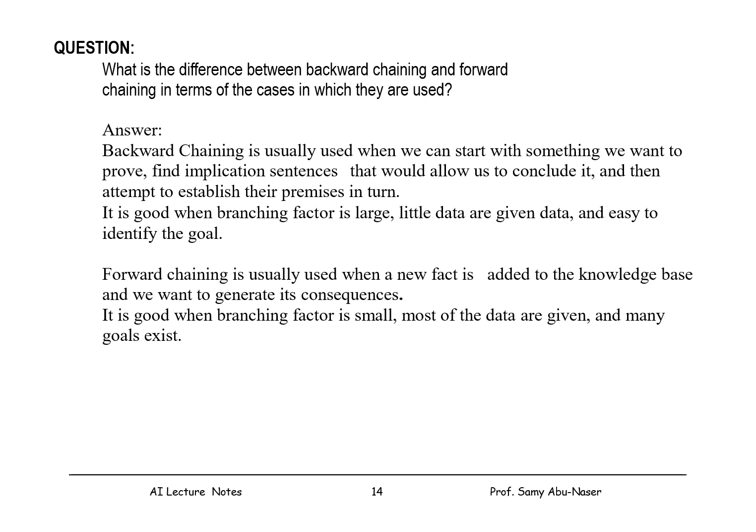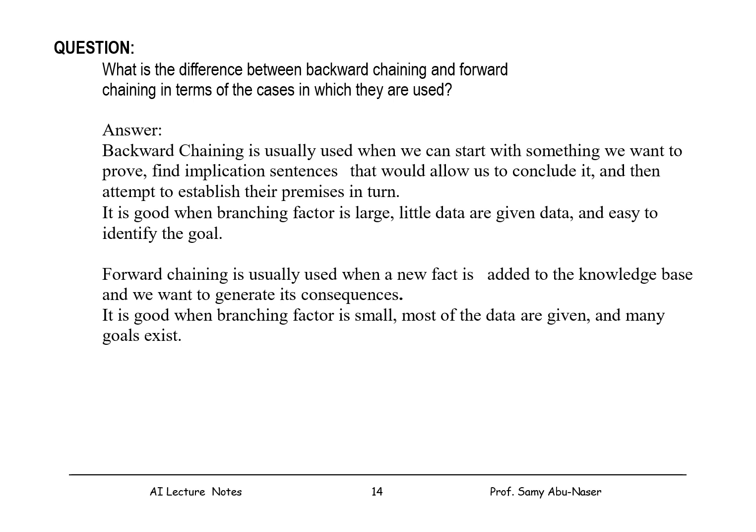If the branching factor is small, and second, most of the data are given, and many goals exist. Is it possible to have many rules that give the same goal? Yes, of course. In this case, we use forward chaining because it's very difficult for backward chaining to know which goal to start with.